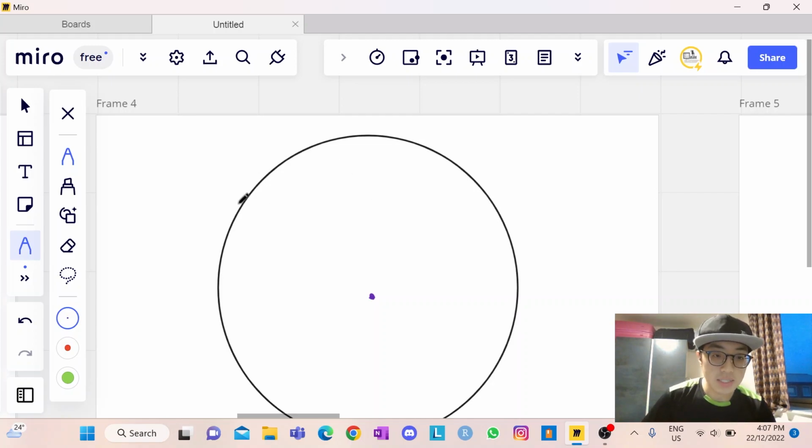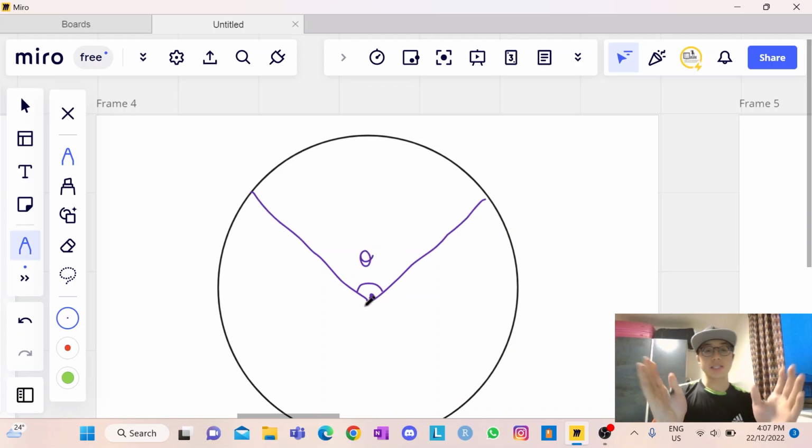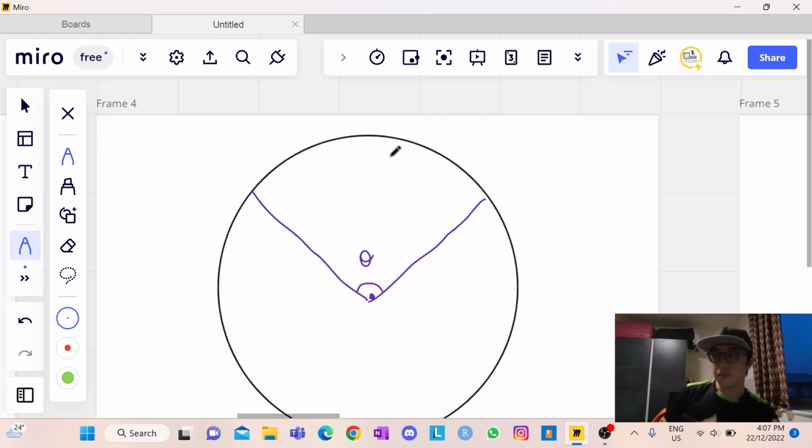So let's say you bought a pizza, and then you cut it into some equal sectors. Let's say this is one part of the pizza where you have theta right here. This is the angle that you cut from this circle. From the previous two videos, I introduced to you the names and the properties of a circle.